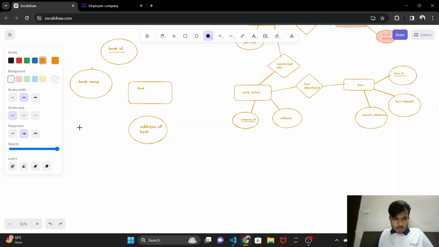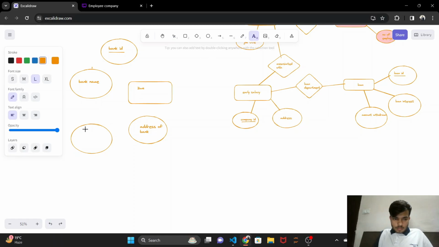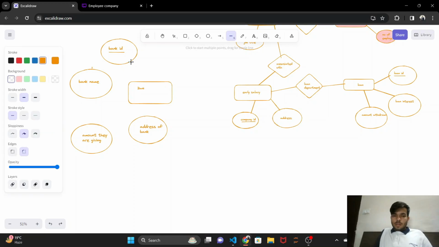We have another attribute, amount they are giving. So of course we need to maintain the record of amount of money withdrawn and all these things, which are very basic.